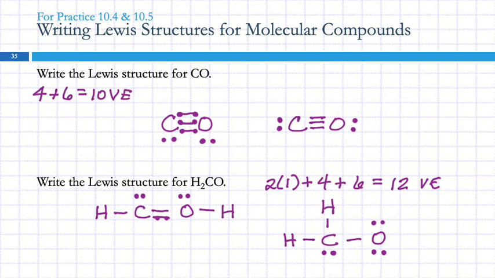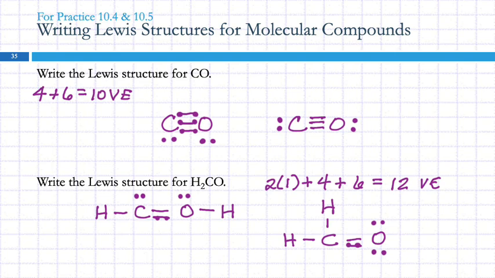I still run out of electrons. So carbon has 8, so we're going to share some more here. And now oxygen has 2, 4, 6, 8. Carbon has 2, 4, 6, 8. The hydrogens each have 2. It's all good. We will learn in a few minutes how to choose which of these is a better structure.